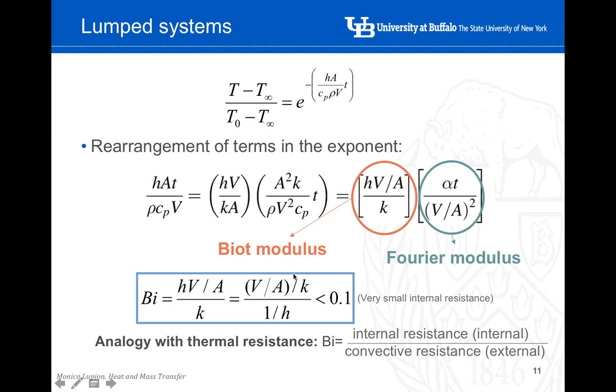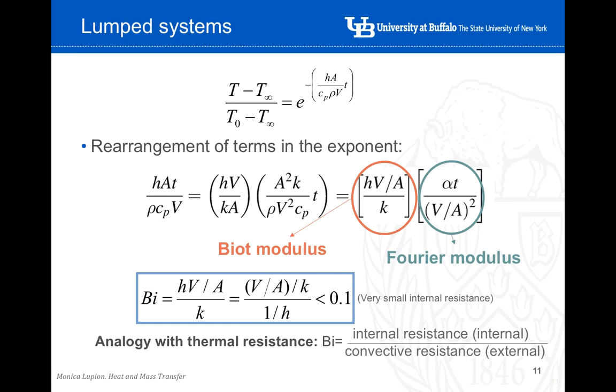So this group here will be the internal resistance, which depends on the thermal conductivity. And this value here is the resistance of heat transfer due to convection.